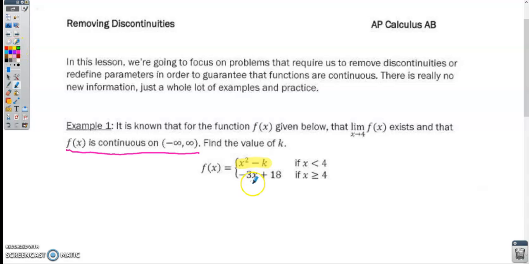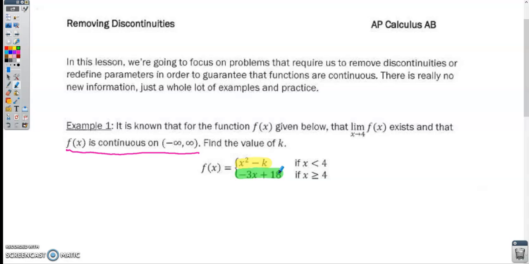I also have this bottom branch, which is linear, so it's a polynomial, again, and we know that all polynomials are continuous. So each of these branches individually is continuous. So in order to find this value of k, we need to show that it is continuous where these two branches meet at x equals 4.